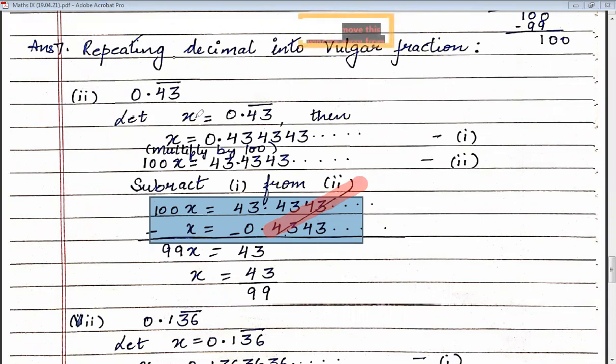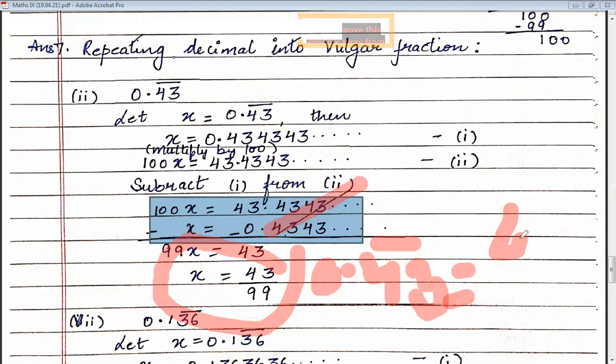So it will cancel out each other, and 43 minus 0 is equal to 43. So now your final answer is x is equal to 43 upon 99. So now children, it means your repeating decimal, that is 0.43 bar, can be written as 43 upon 99. I hope you are clear with this thing.